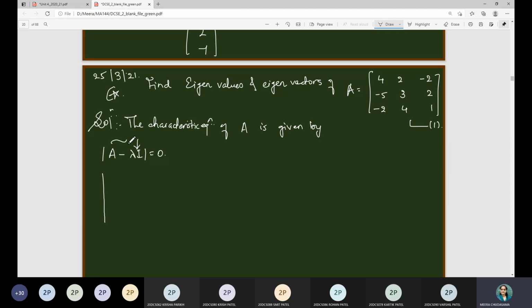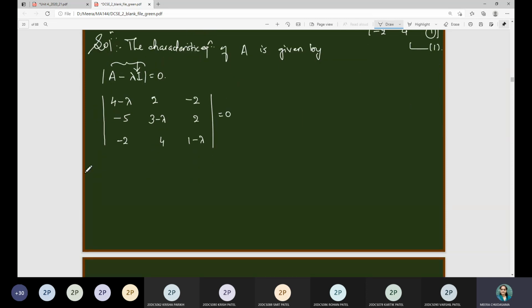So when I subtract lambda I from A, the only affected entries will be the diagonal elements of A. So I can write it as 4 minus lambda, the rest of the entries remain the same, minus 5, 3 minus lambda, 2, minus 2, 4 and 1 minus lambda, and this determinant is equal to 0.